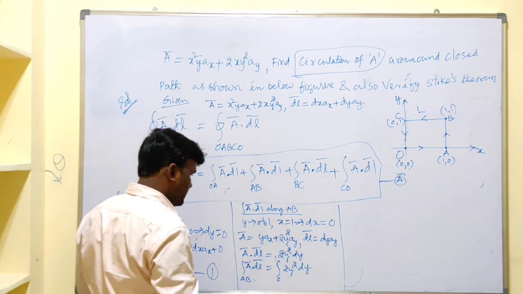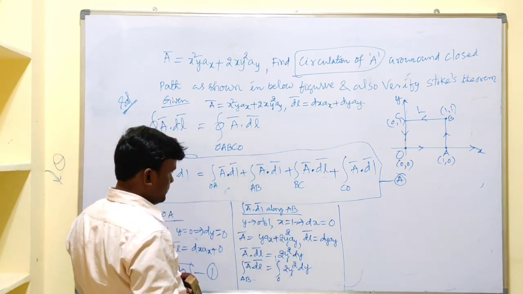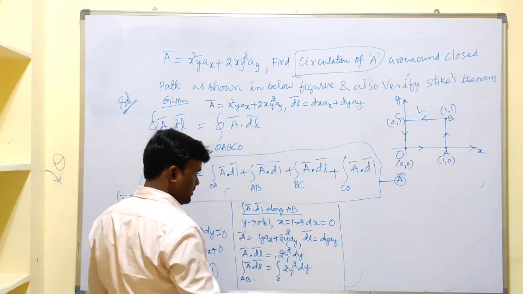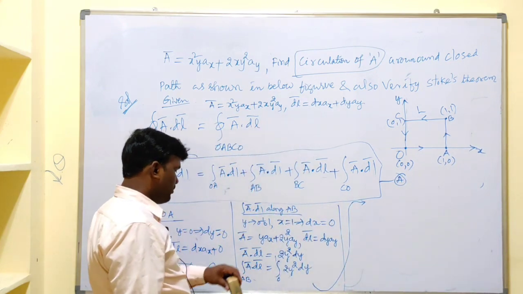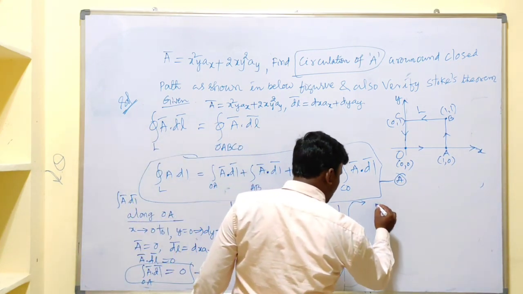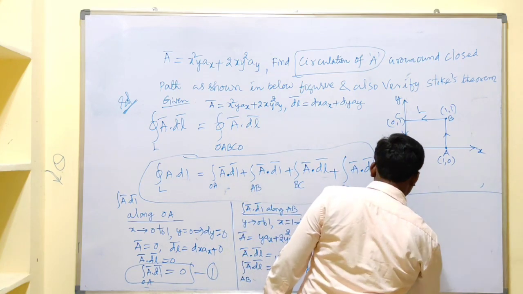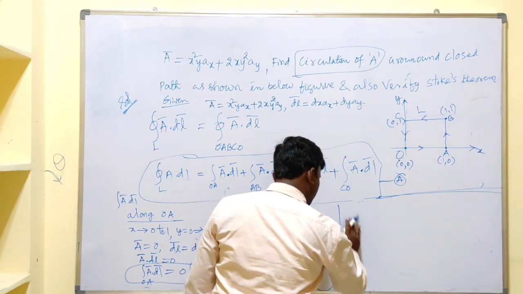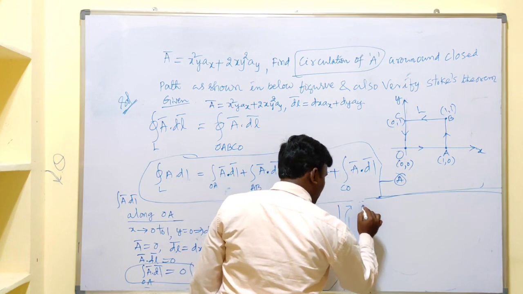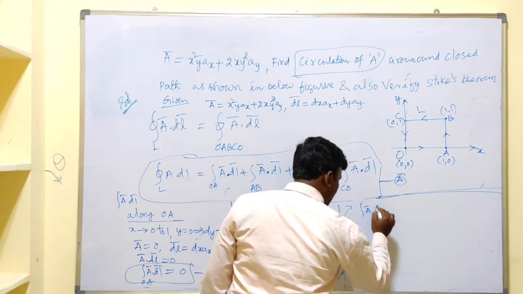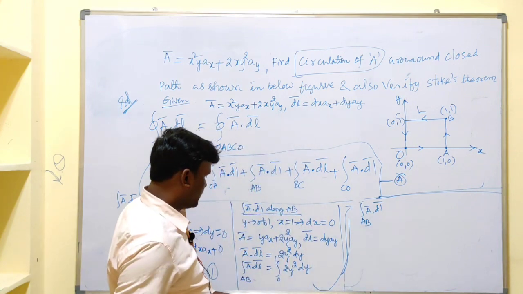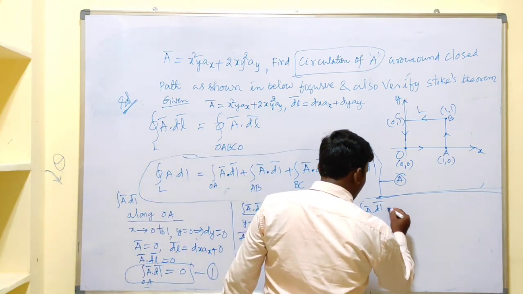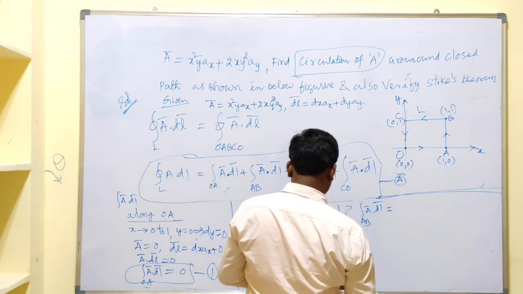Integral A bar dot dl bar along AB is nothing but this one.